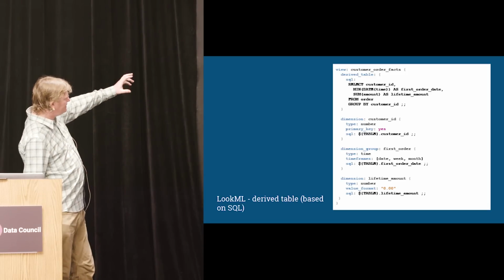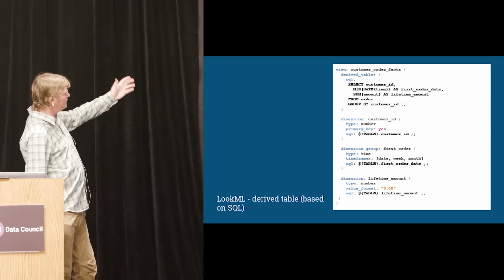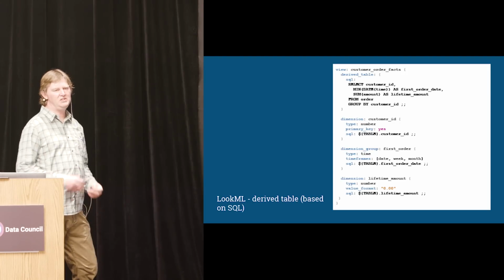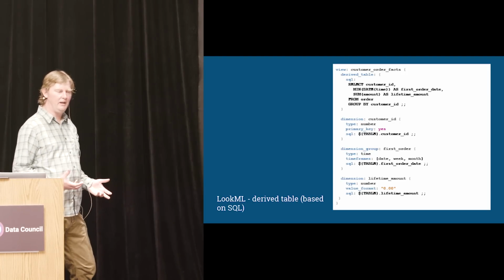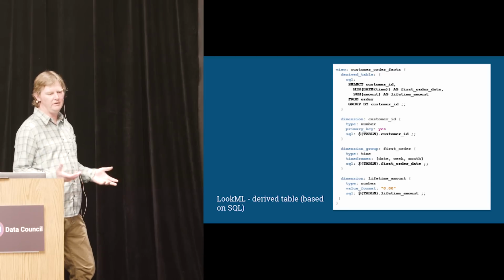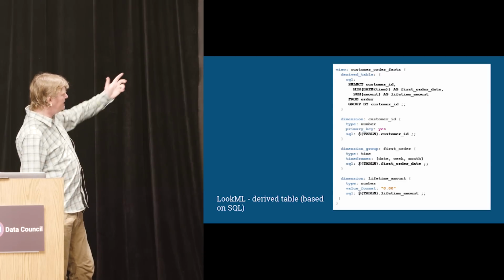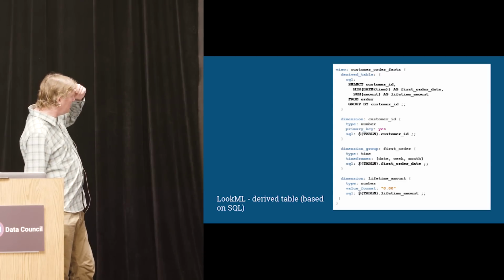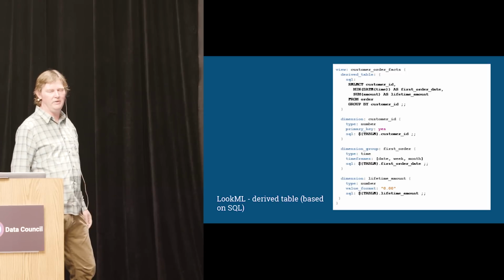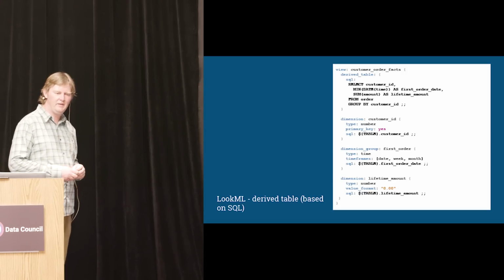What we've declared is this derived table. We've declared this view on this table called customer order facts, and it doesn't actually exist yet. So when someone uses this view in a Looker Explorer or dashboard or whatever, the system will go and create this table, which is called a derived table, based on that SQL statement. So it basically does a little mini ETL job.